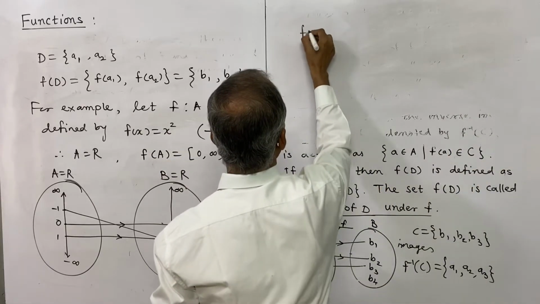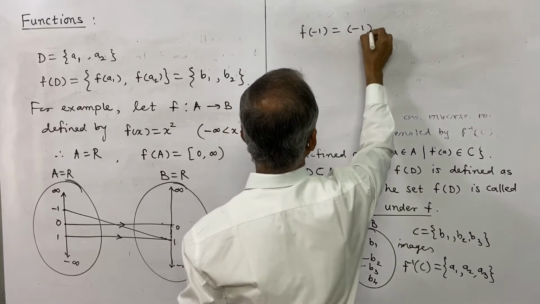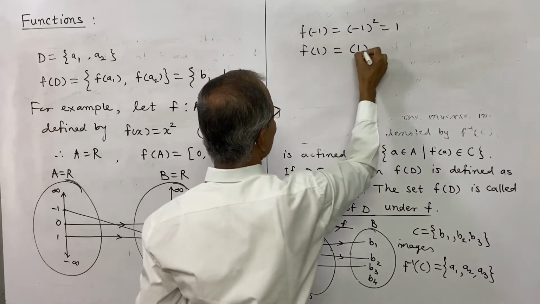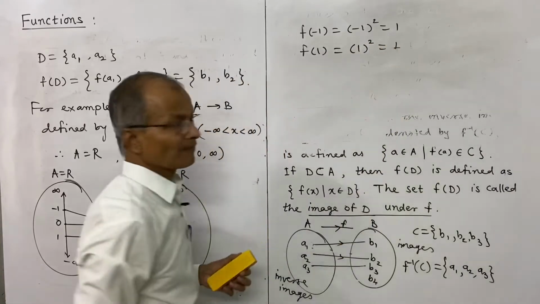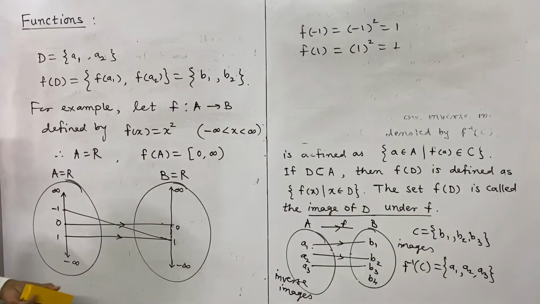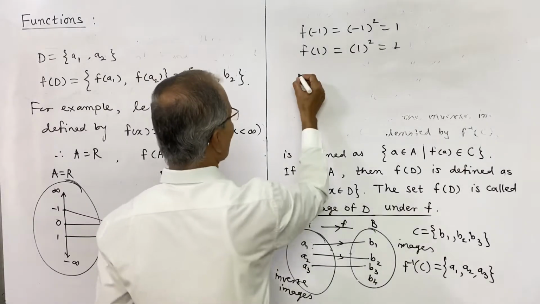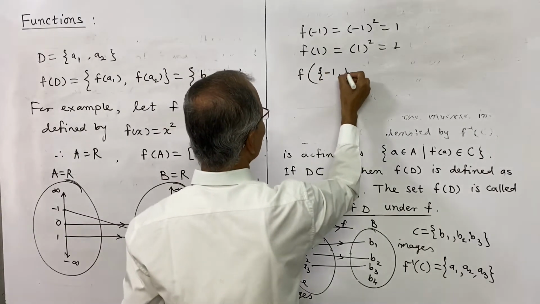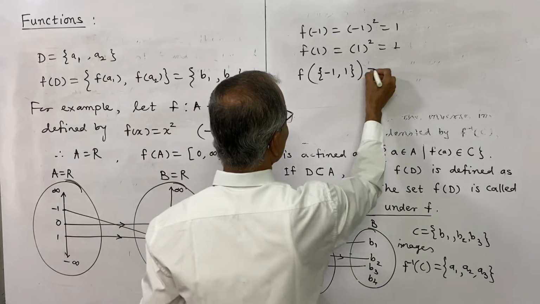Therefore f of minus 1 is minus 1 square, which is equal to 1. f of 1 is 1 square, that is equal to 1. And therefore we may have the f image of the set minus 1 comma 1, and that is equal to 1 only.